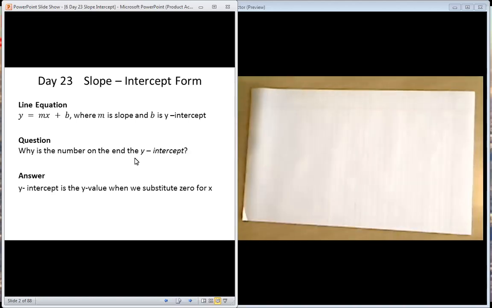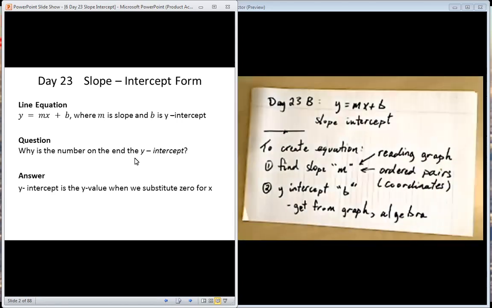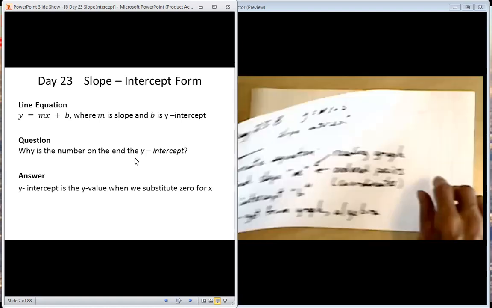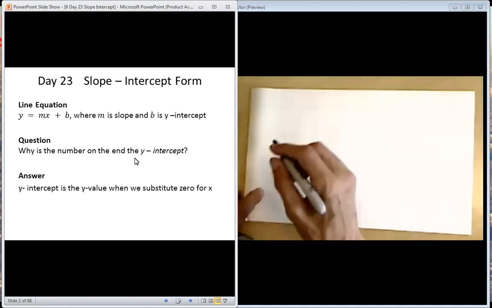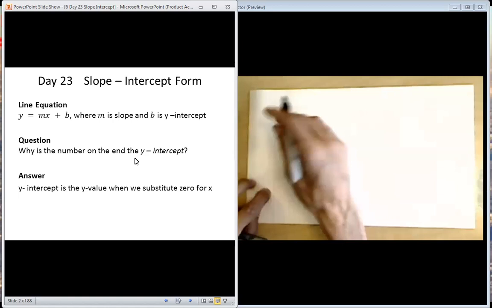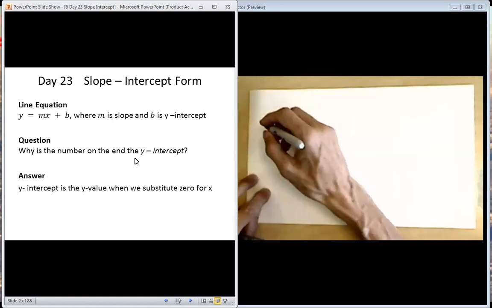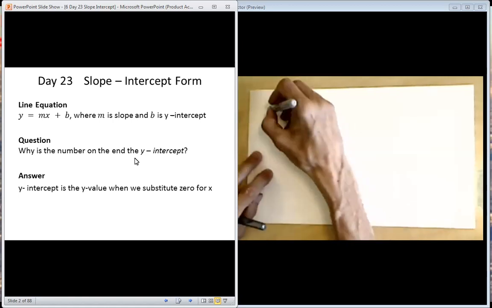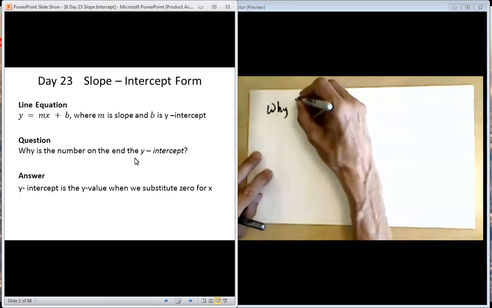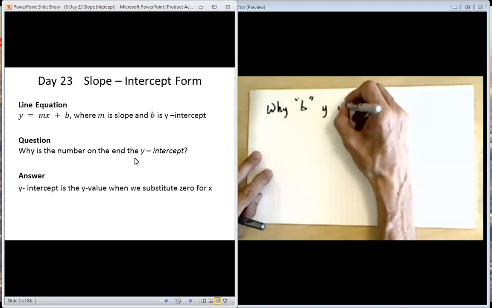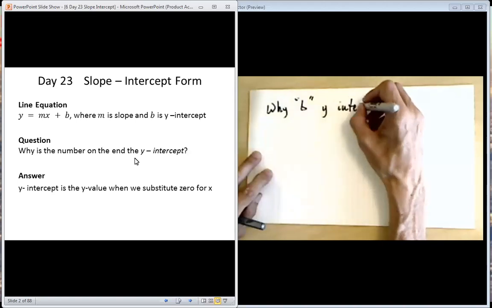Let's say we got this here. So y is b, the y-intercept.